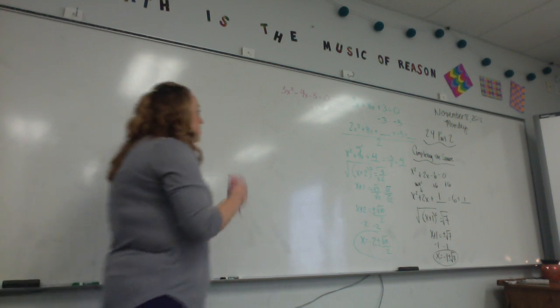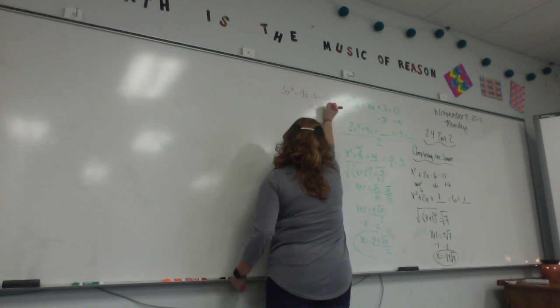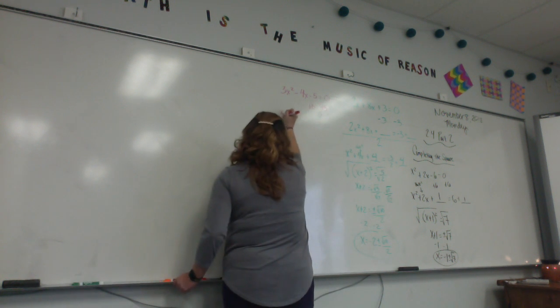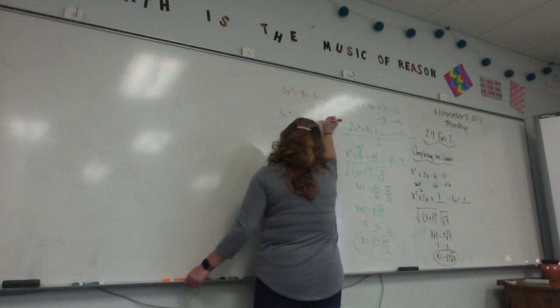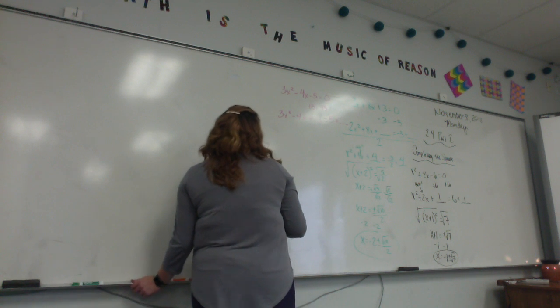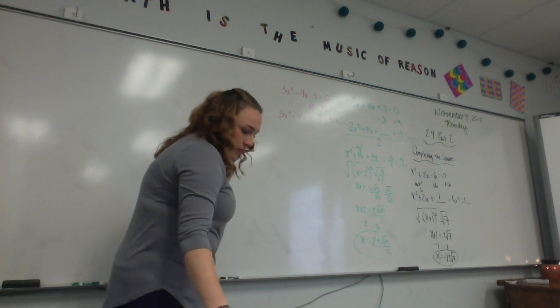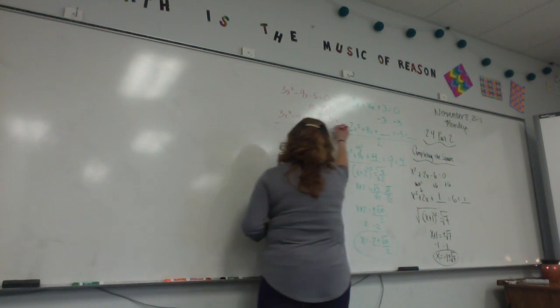No. What is my first step? Add 5. So 3x squared minus 4x plus something equals 5 plus something. Now what do you need to do? Divide by 3 and you get rid of the leading coefficient.